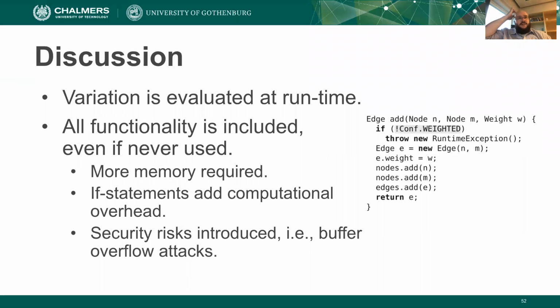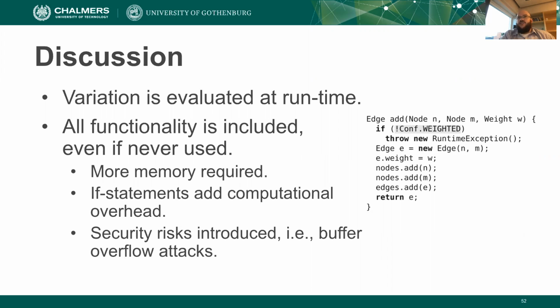Right. Now, implementing variability with parameters is pretty straightforward. For that reason, it's widely used, right? Everyone writes if statements. Variation is evaluated at runtime when these conditional statements are executed. And this approach shares the general benefits and drawbacks of runtime binding.